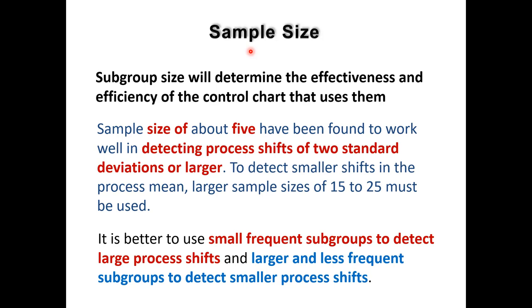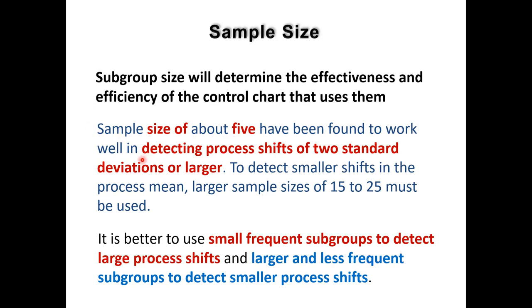This slide is on sample size. Sample size is how many observations you are going to select for your sample at a point of time. So subgroup size will determine the effectiveness and efficiency of the control chart. A sample size of about 5 is quite common.